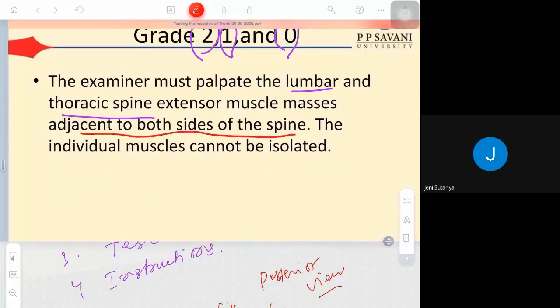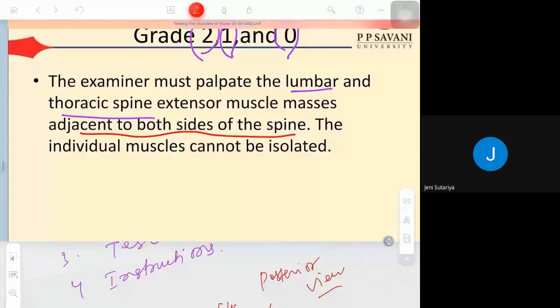So here you cannot isolate the muscle. Okay. If you have studied the anatomy of the back muscles, spinal extensor muscles, there are global muscles and local muscles. Few muscles cross 1 or 2 vertebrae, and few muscles cross throughout the spine.